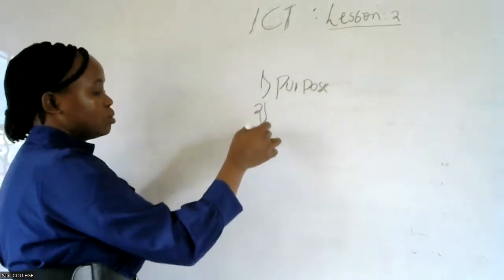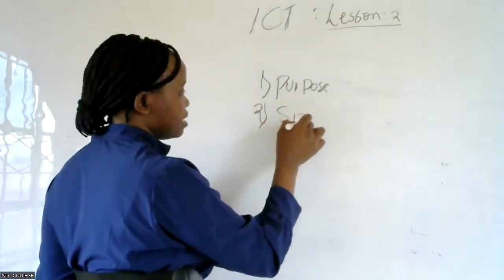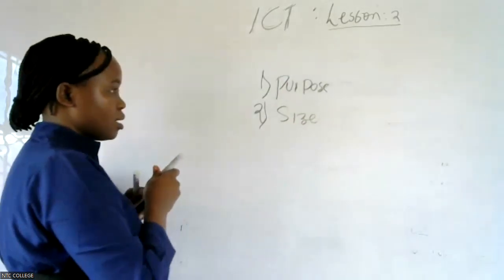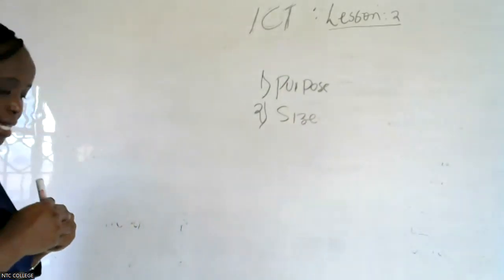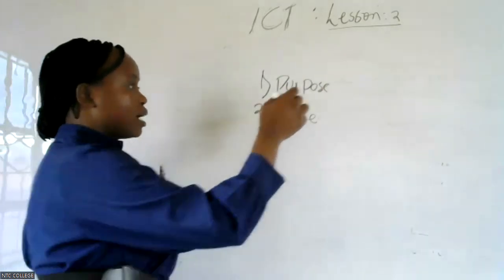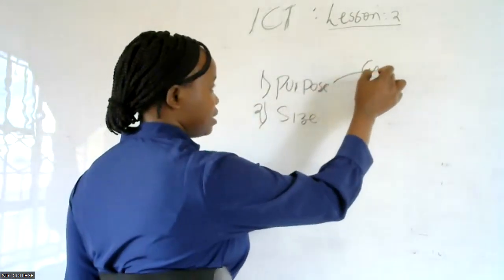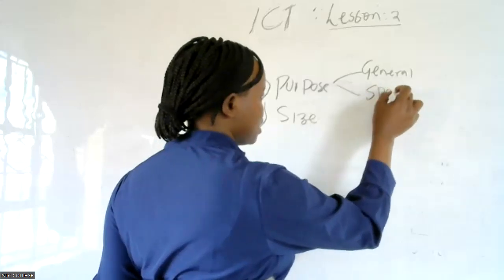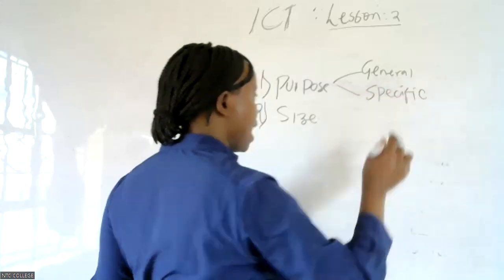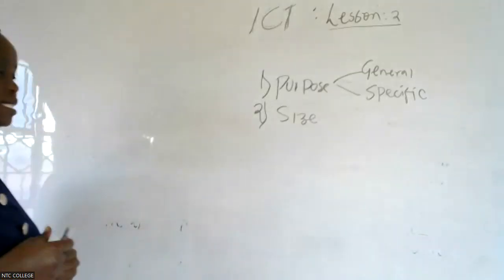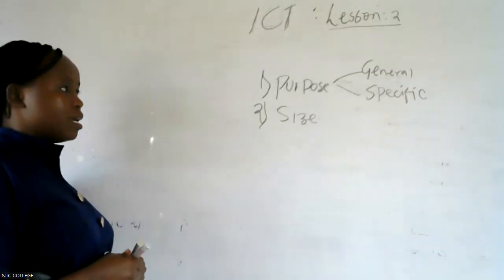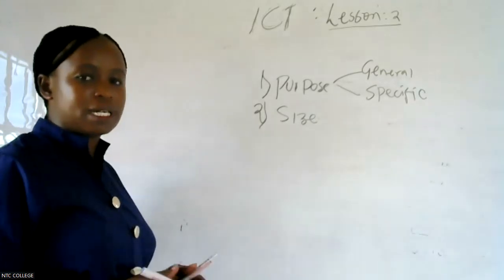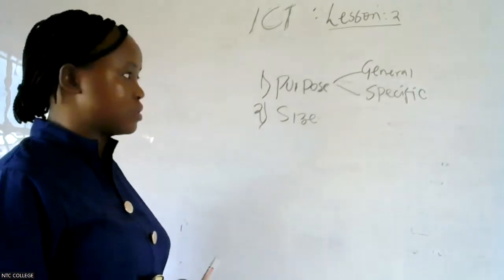Classification number 2, we have by size, in terms of their sizes. When we look at purpose, we have general purpose machines, and we have the specific. From the word general, it means it is widely applicable for many functions.